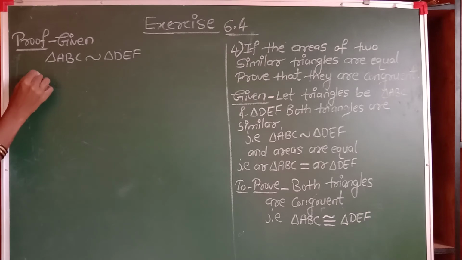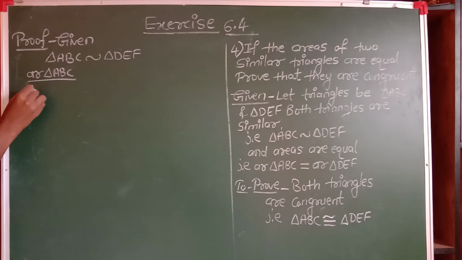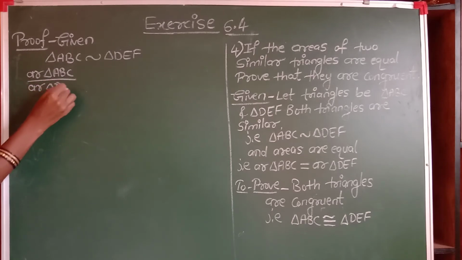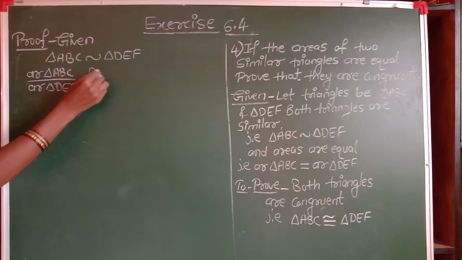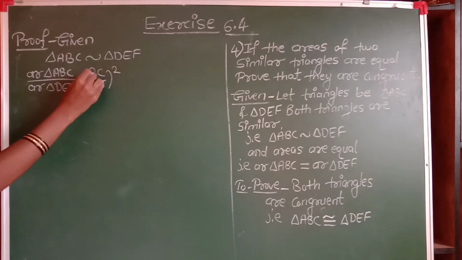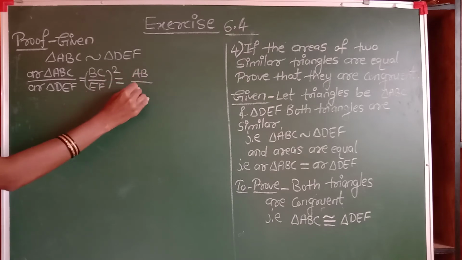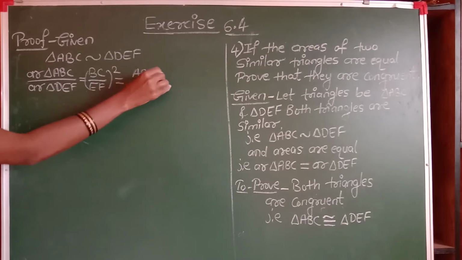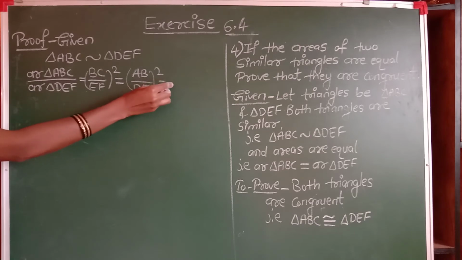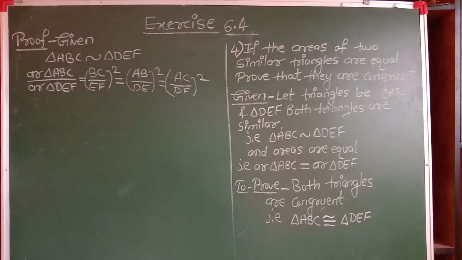So area of triangle ABC divided by area of triangle DEF is equal to BC by EF whole square, equal to AB by DE whole square, equal to AC by DF whole square.